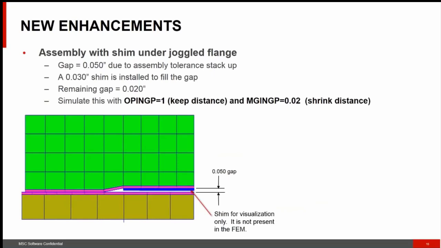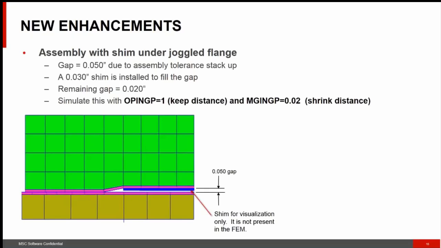Here I'm showing an example. You can see the user has the option to maintain the gap or to change it. For these two, you see there's a gap. At first, on the left side, we don't see a gap, and then the gap starts due to the shimming. The blue part is the shim, but this shim is not included in the finite element model, so we're just showing it for better visualization. You see the gap is 0.05, but then the shim is installed at 0.03, so there is a remaining gap of 0.02.